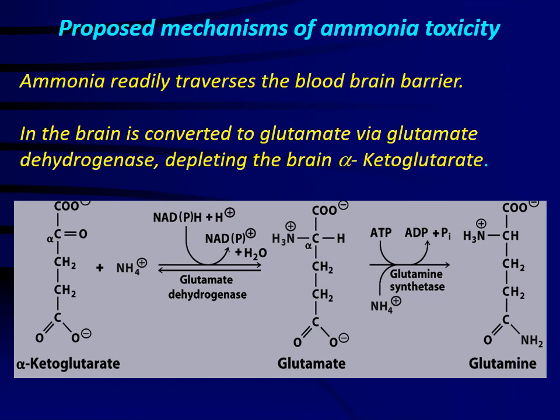Proposed mechanism of ammonia toxicity. Ammonia readily traverses the blood-brain barrier. In the brain, it is converted to glutamate via glutamate dehydrogenase, depleting the brain alpha-ketoglutarate.